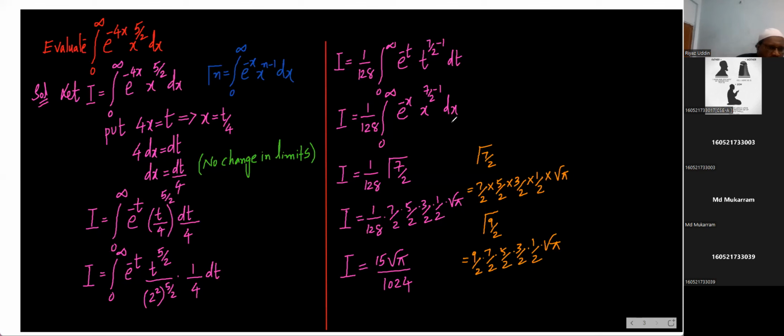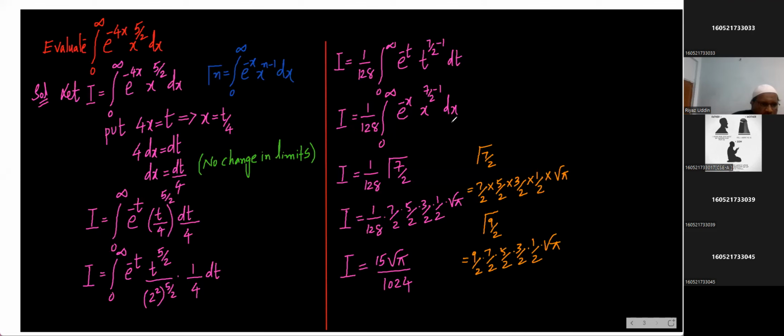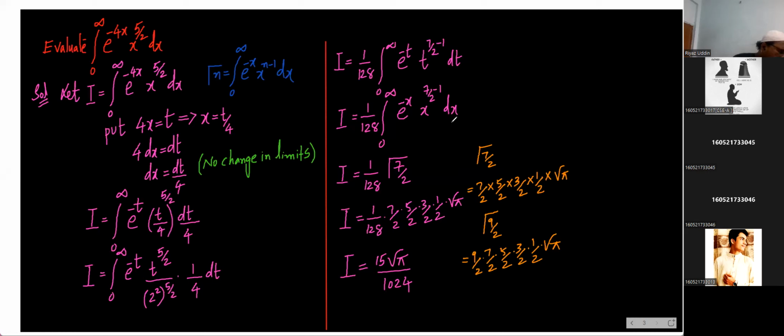Irfan's voice did not come today. 33, 37, 39, 42, 43, 44, 45, 46, 48, 49 also there today. 47 Aziz Khan, Mukarram, 53, 35. Sir, 13 also present. Yes, 13's attendance is done.